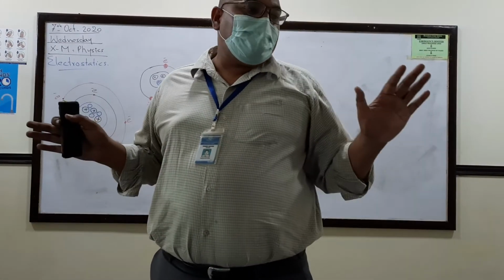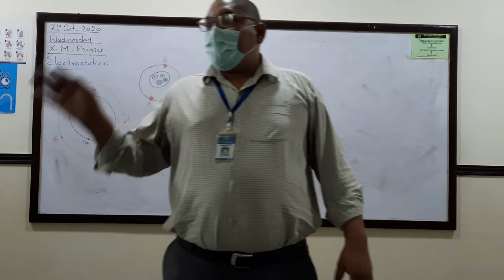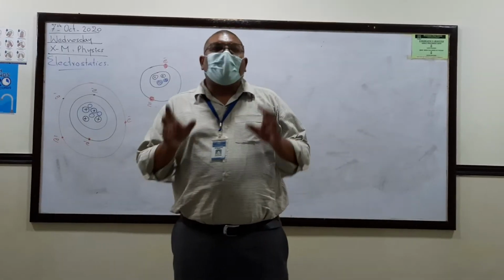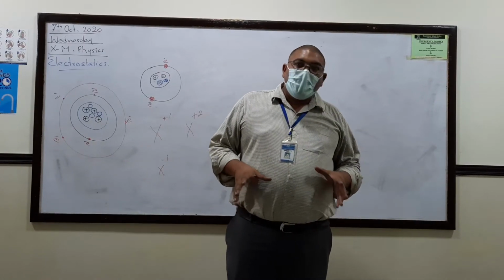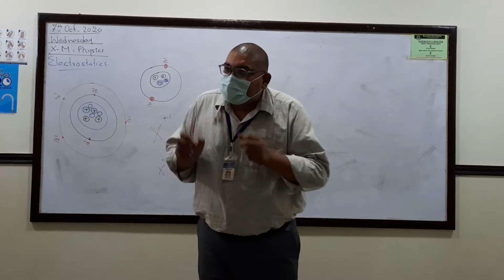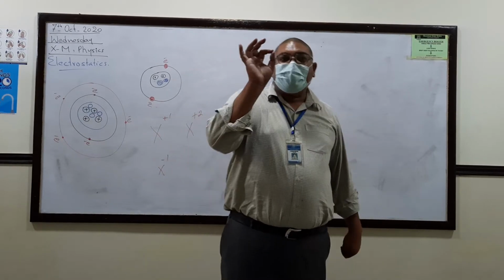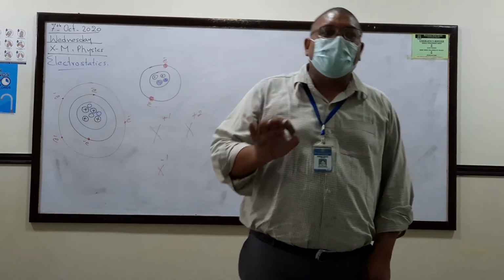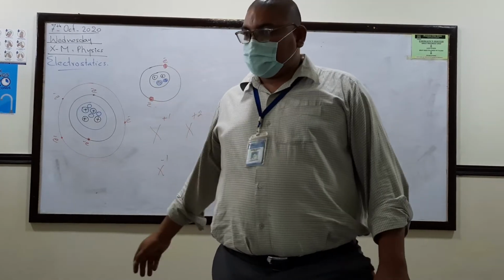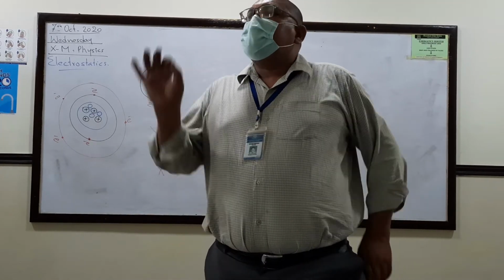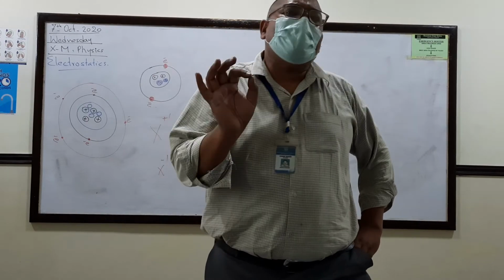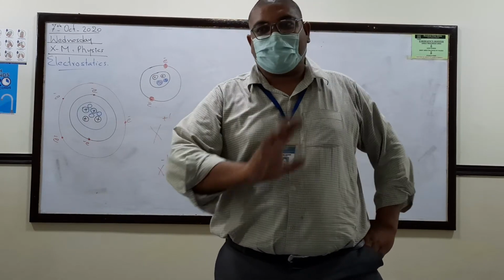No. That never happens. The business of protons is not done. Only the electrons are given. Only the electrons are received. If some object becomes positively charged, this means that it has lost electrons.